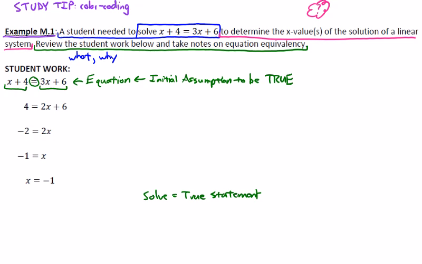The next statement I can see is another equation. Thus, we are going to use the rules of equality. Rules of equality apply specifically to equations. One of the rules of equality allows us to add or subtract the same quantity from each side of an equation.